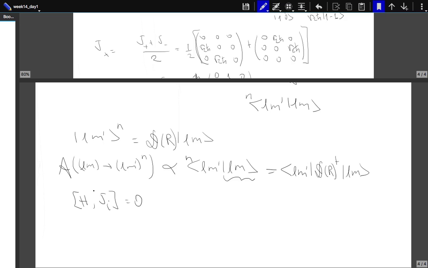I didn't even specify what my Hamiltonian is. And can I say some general properties of the eigenkets of my Hamiltonian without specifying anything, by just looking at the rotations?